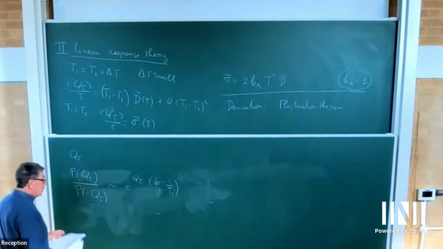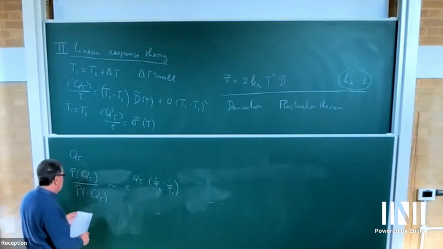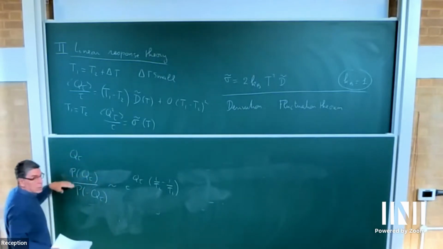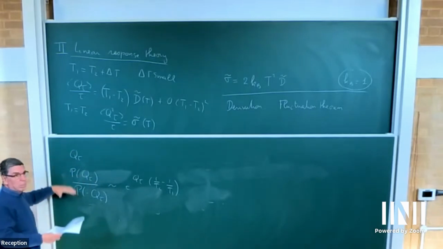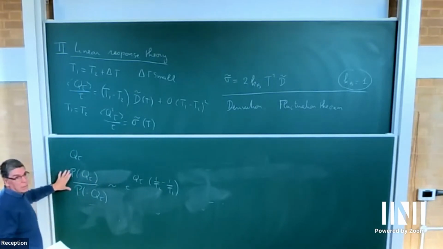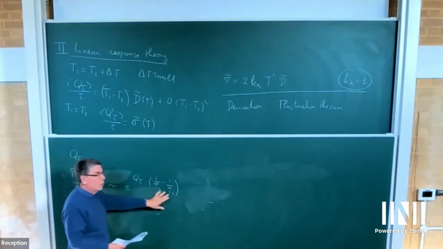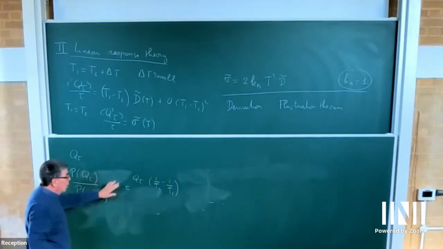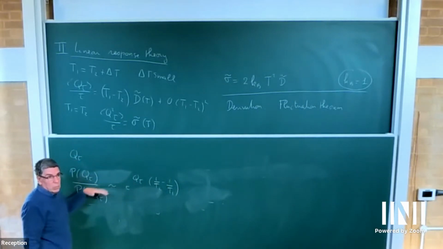Now, as I said, these quantities sigma tilde depend on the system, on the size, on the nature of the system, but this formula has just kB, and it is independent of the system.